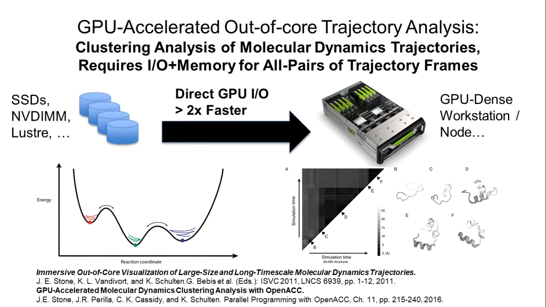And since 2011, we've been developing simulation trajectory file formats that are optimized for solid-state disks. So that helps, too. If you use the right trajectory format and you have everything programmed just the right way, you can get tremendous I/O rates. So even with CPUs, I am able to achieve 10 gigabytes a second, to give you an example.